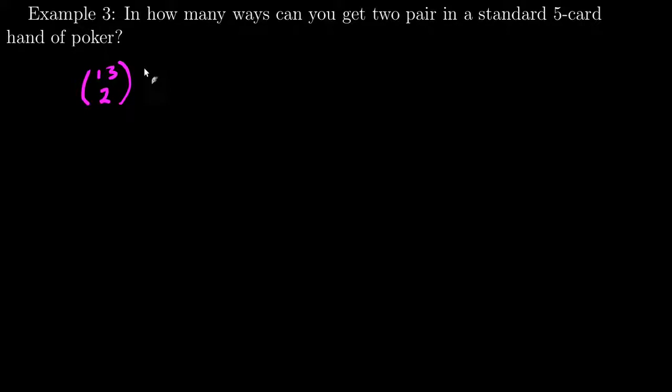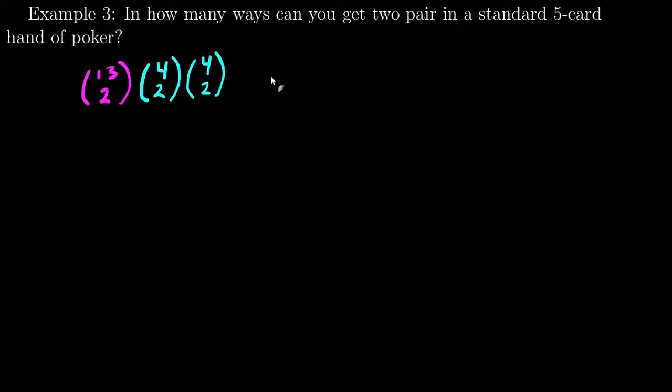Once I've chosen, let's just say that I chose an ace and a 4, there are 4 aces in the deck, and I need 2 of them in my hand to get a pair. There are 4 4s in a deck, and I need 2 of them to be in my hand.